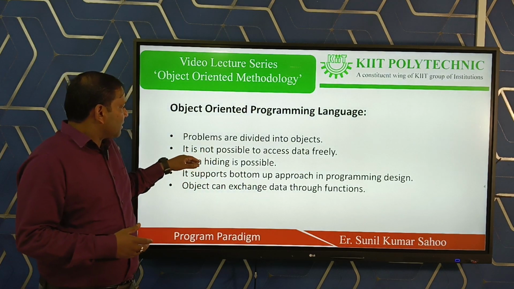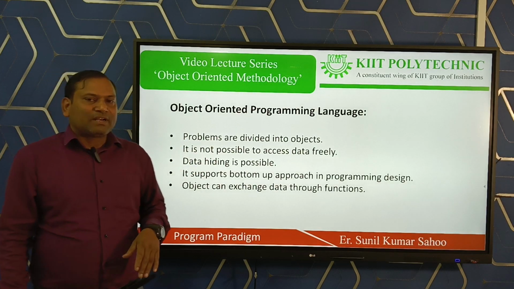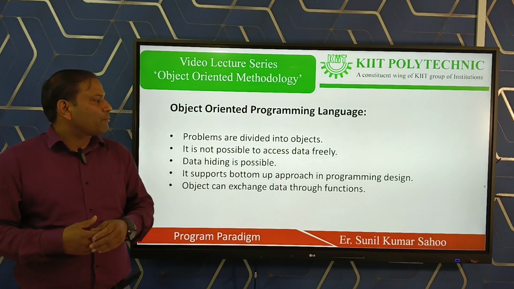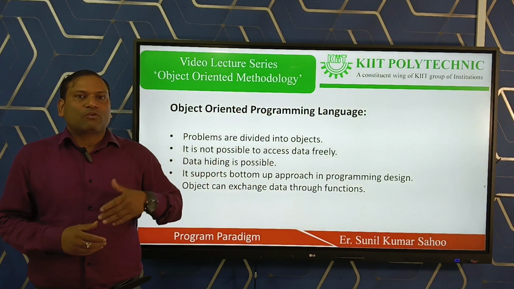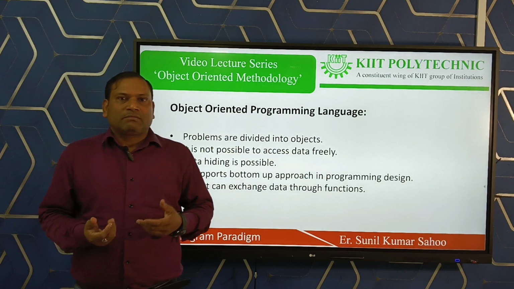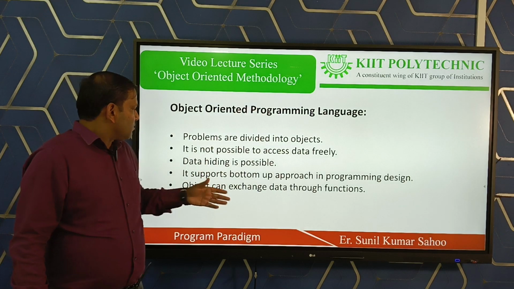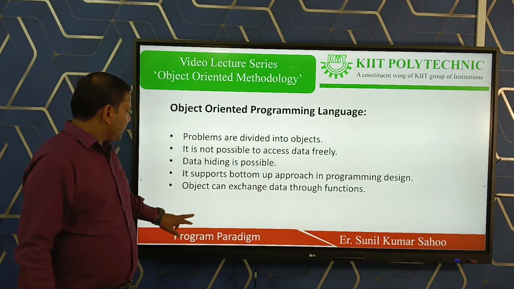That's why it is one of the features that it is not possible to access data freely. Data hiding is also possible, and it supports a bottom up approach in programming design. In inheritance, one child class can call the base class functions. So that's why it is called the bottom up approach in programming design.